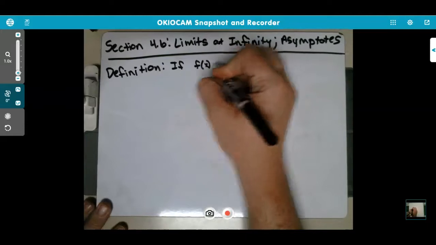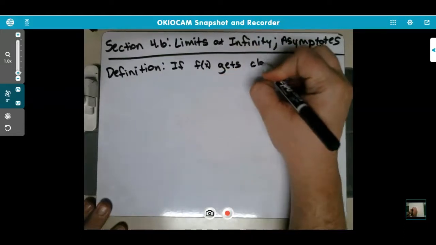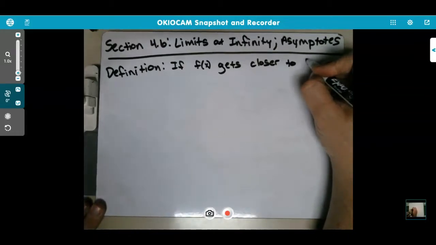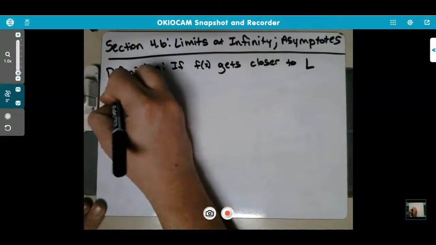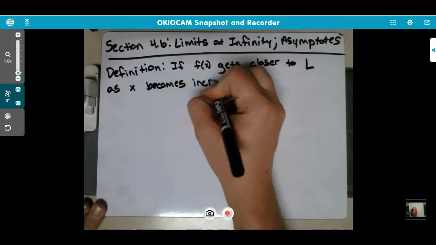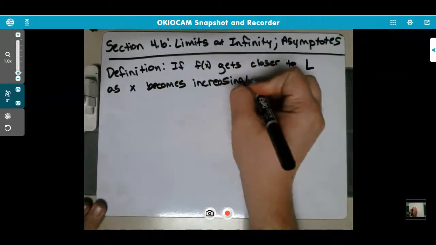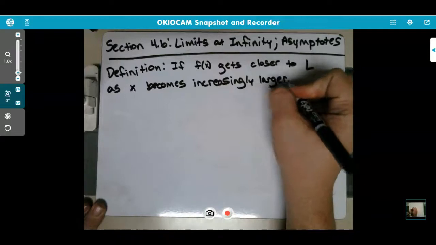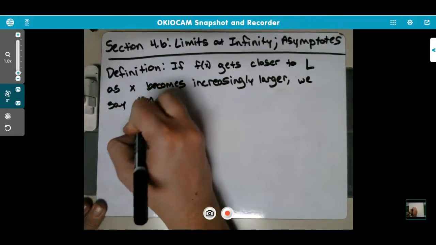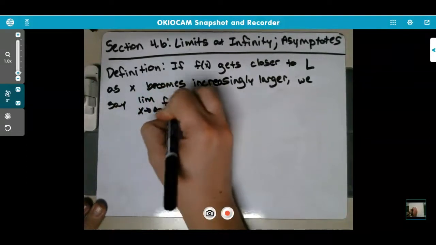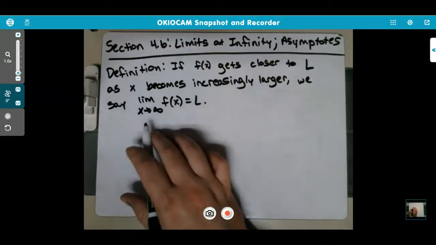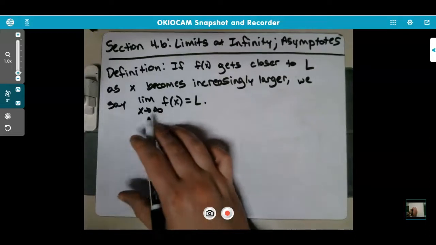If f of x gets closer to something, I'll just call it L, as x becomes increasingly larger, then we say the limit as x approaches infinity of f of x is equal to L. Again, here I just want x to get really, really, really big.